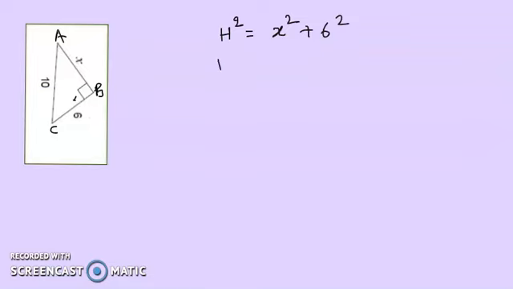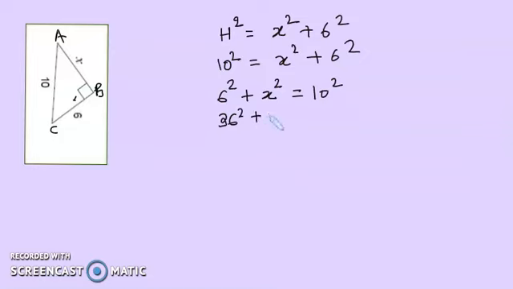So 10 square you can write here and then x square plus 6 square. Or we can rewrite the above equation like this. So 6 square is 36, so x square plus 36 is 10 square, that is 100.